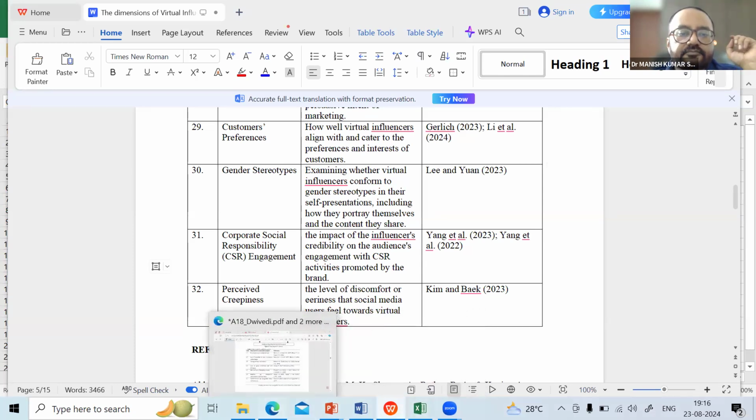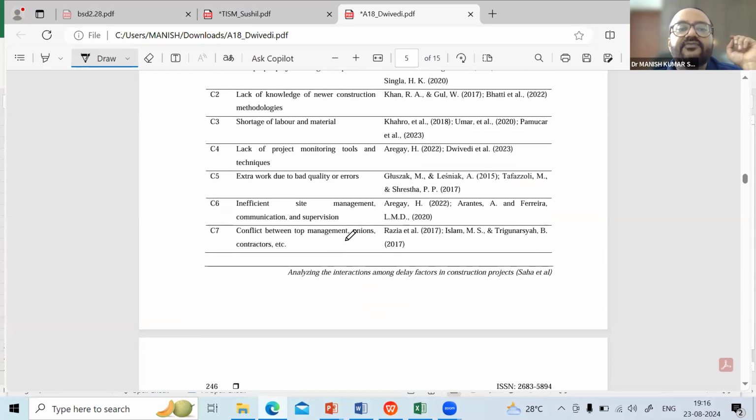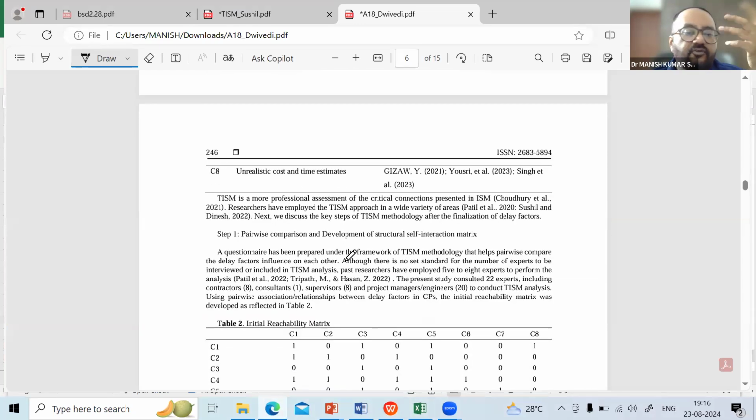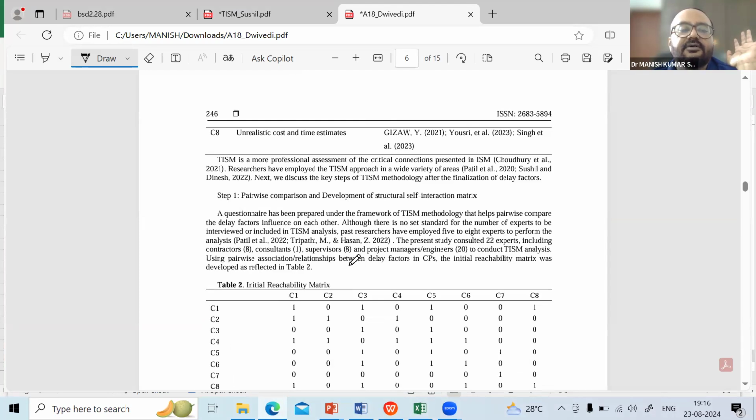Now, after this definition, you have floated the questions, and your question was like this: C1 and C2.